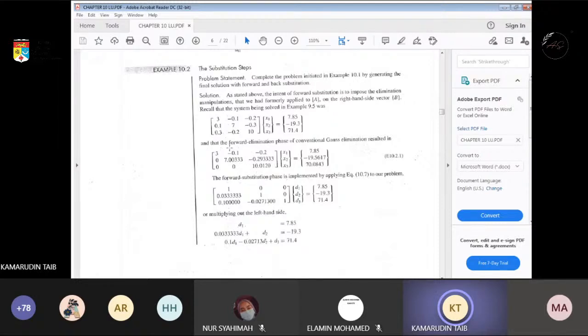You see, even though this matrix is undergoing Gauss, the B will also be going through the same process because conventional Gauss applies to both the left and right hand side.